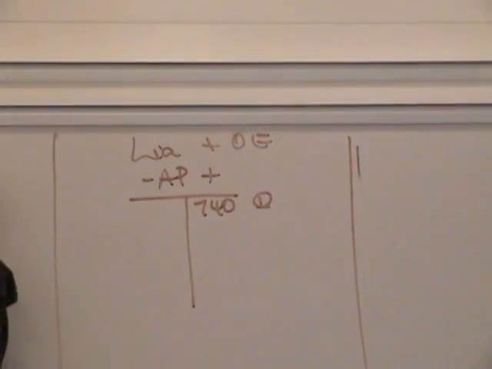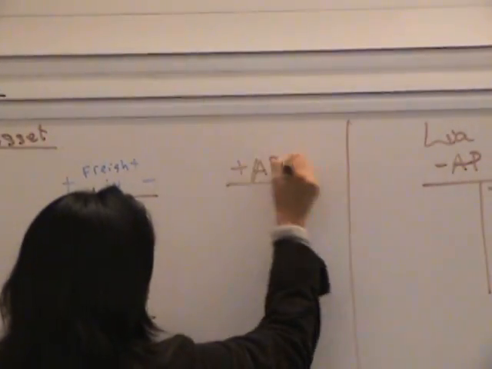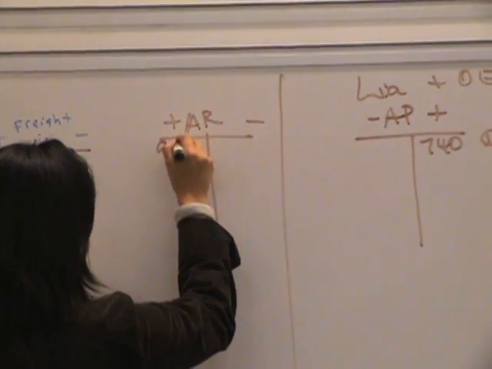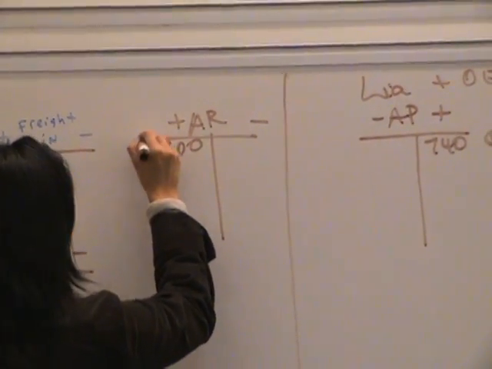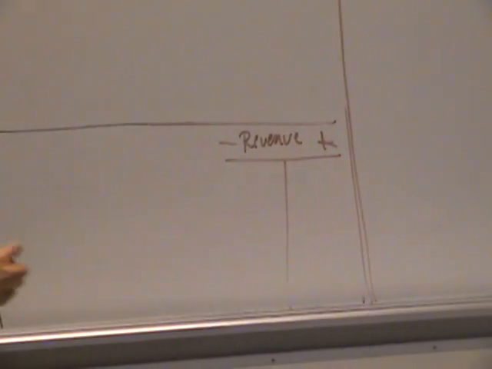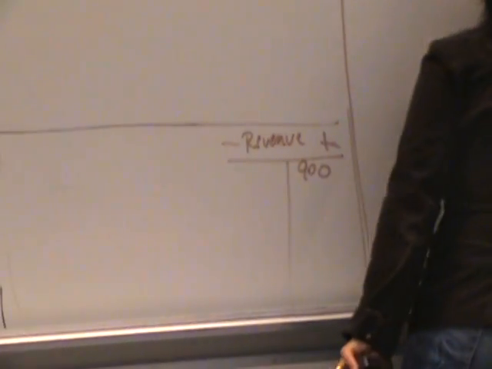She's doing Mike's system. Sales 900, and then go post up to revenue. Sales revenue.